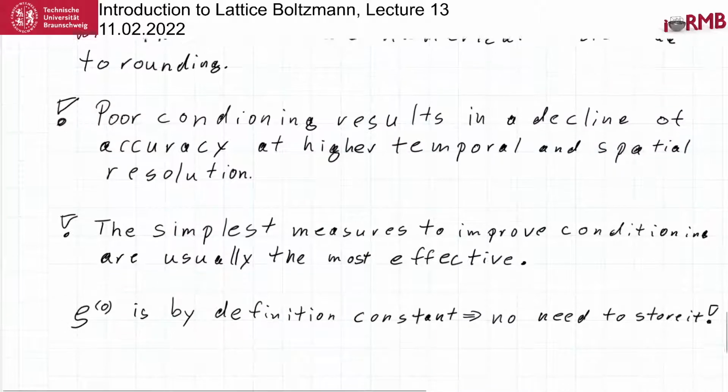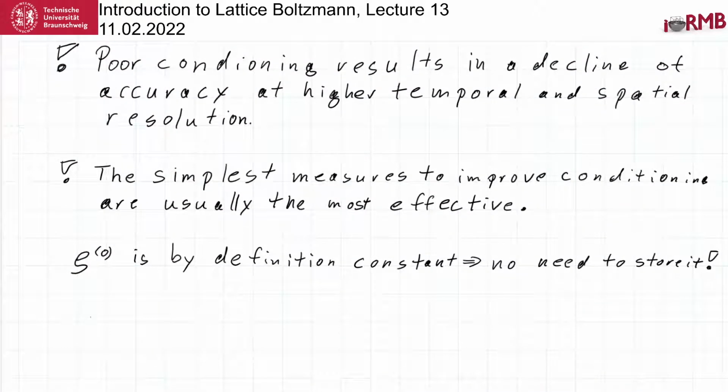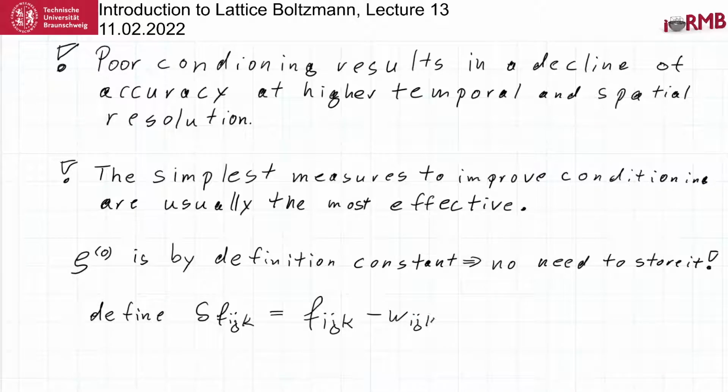And this we can use by redefining our distributions as now delta Fijk. So this is just the change in this. This we define as Fijk minus Wij, where these Wij are the lattice weights.